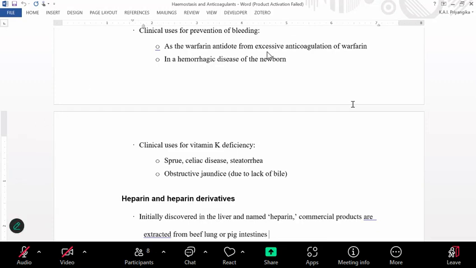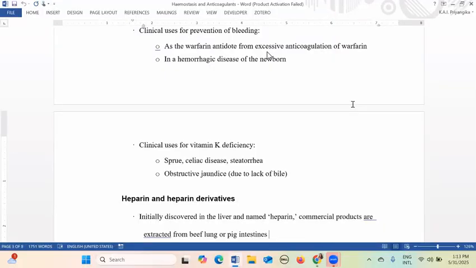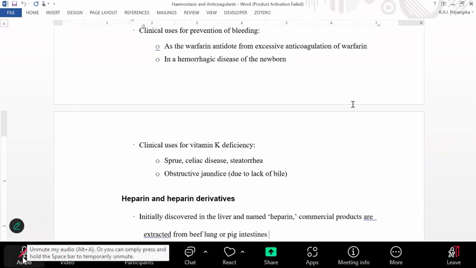Vitamin K deficiency can happen due to many reasons. Can you all say a few reasons how vitamin K deficiency could happen? Not taking enough vitamin K in the diet. Okay. Absorption problems, if there are not enough bile salts or liver problems.